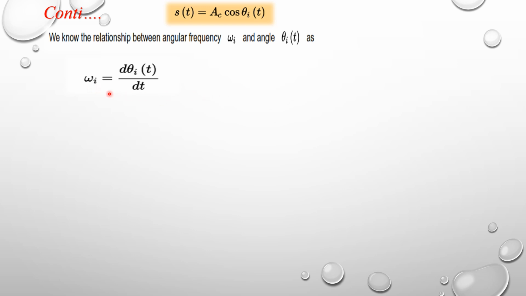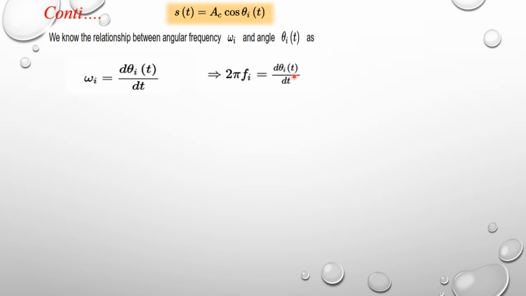So we know that ω is equal to 2πf, so ωi is equal to 2π fi, which equals the differentiation of θi(t). So the instantaneous frequency fi is equal to 1 by 2π into the differentiation of θi(t).